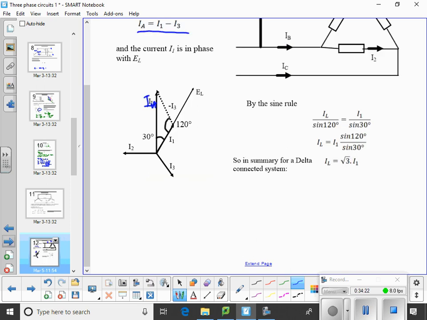Equally, I phase is equal to I line over root 3. I'll write that a bit bigger over here. I line is equal to root 3 times I phase.